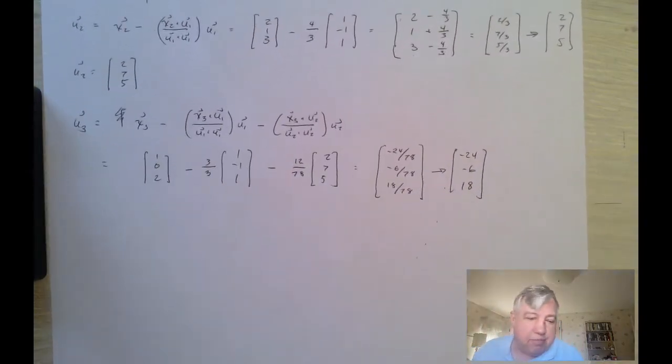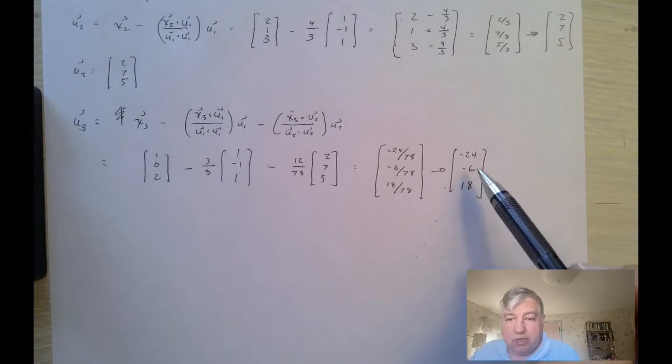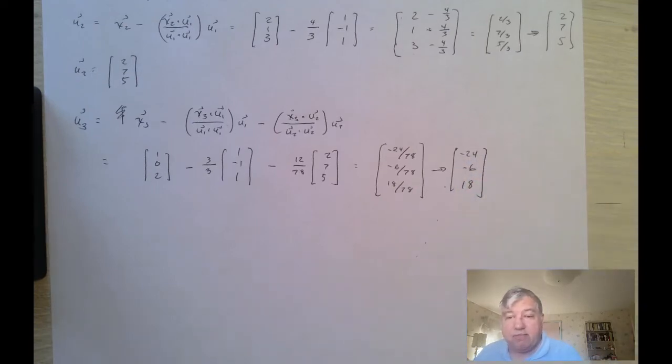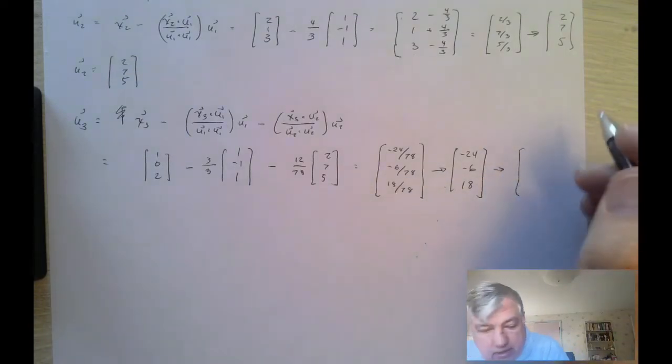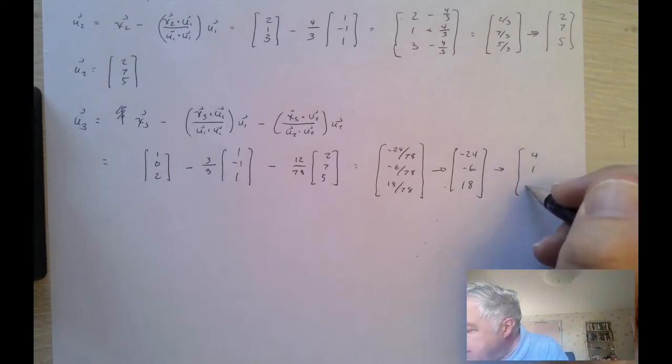And you could use this if you wanted to, but you may notice that 6, and actually negative 6, divides all of these, so we can multiply this by negative 1/6, and what we will get is 4, 1, and negative 3.